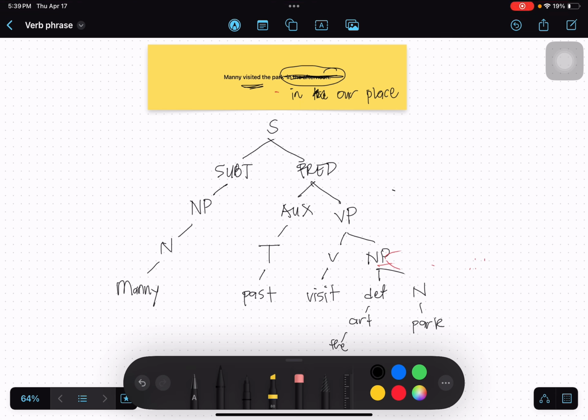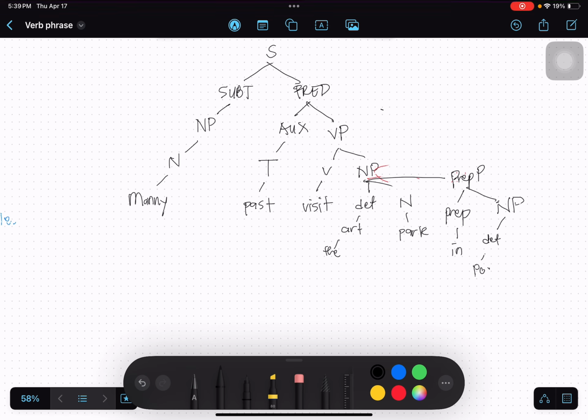So, here, prepositional phrase, prep, in, and then the NP, that possessive, our, the noun, place.